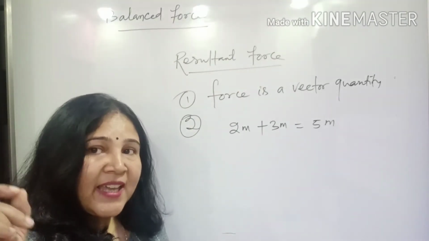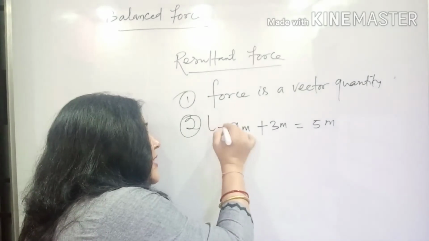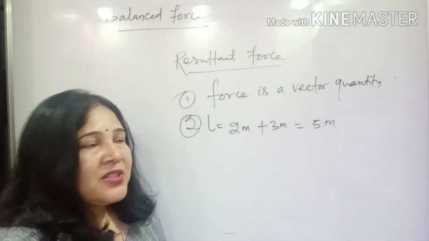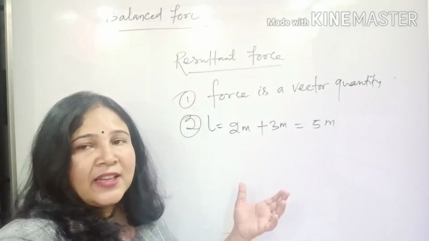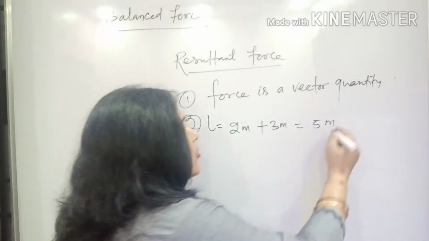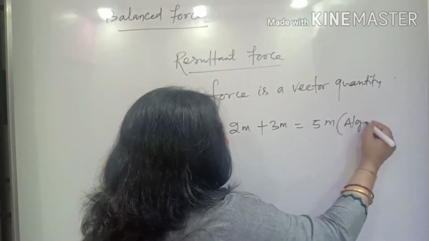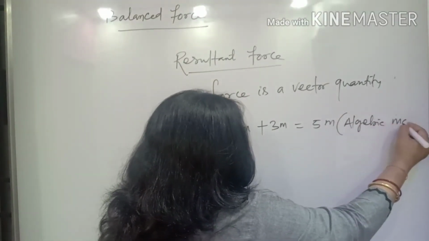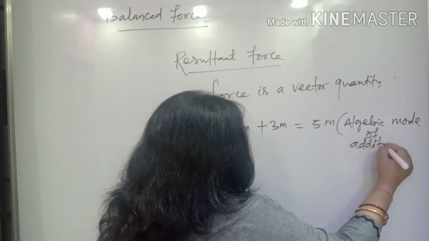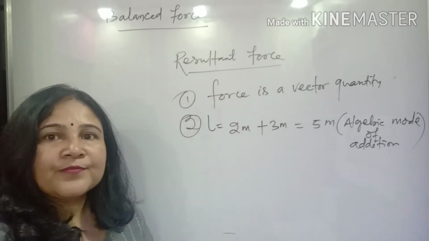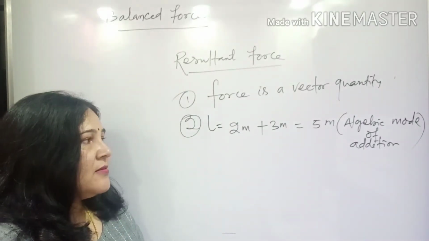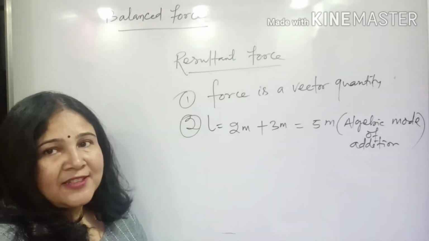We are discussing length, and length is a scalar quantity. It has only magnitude, so when we add such quantities we simply go by the algebraic mode of addition. But vectors cannot be added like this.